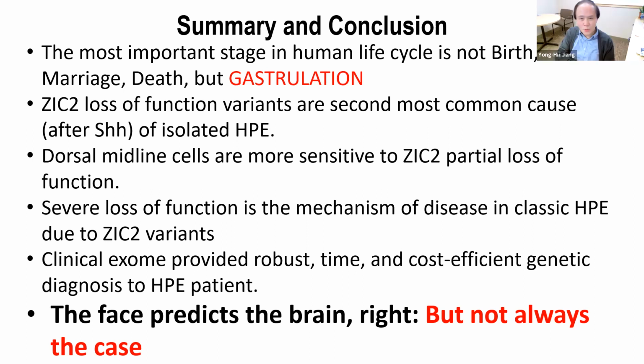Any other questions or comments? I have one more question. You have a bar graph showing that trisomy is definitely a common one, and ZIC2 is on chromosome 13, where the deletion is.